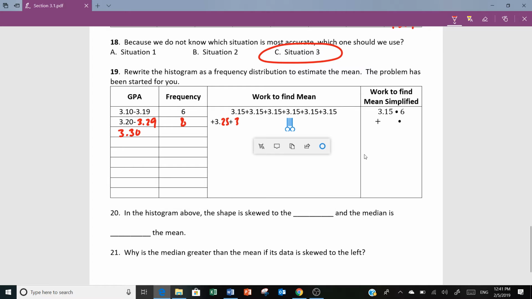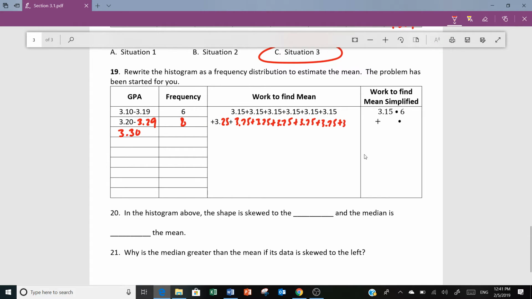So I want to add 3.25 plus 3.25, one, two, three, 4, 5, 6, 7, 8. So that's the same thing as multiplying 3.25 by what value? 8. Okay, go ahead and finish this.